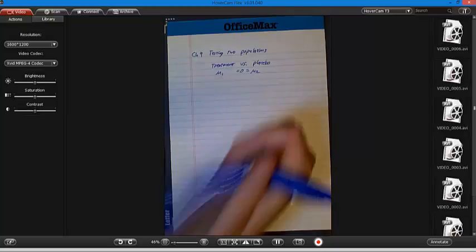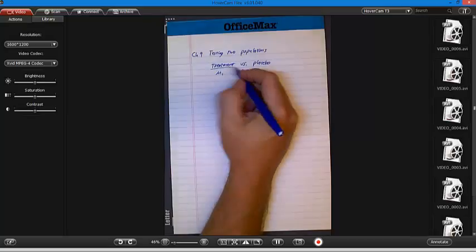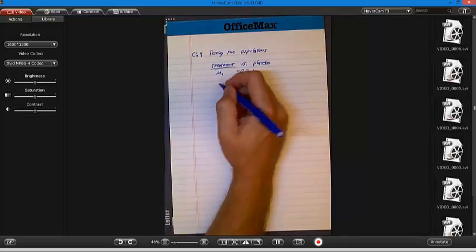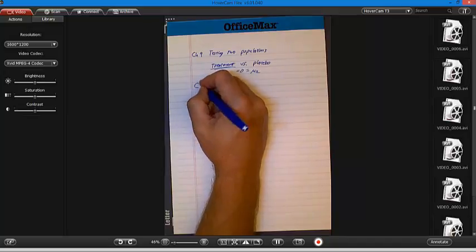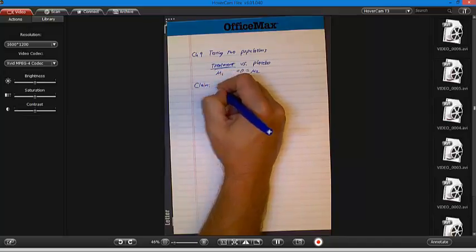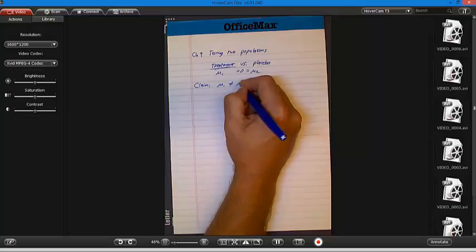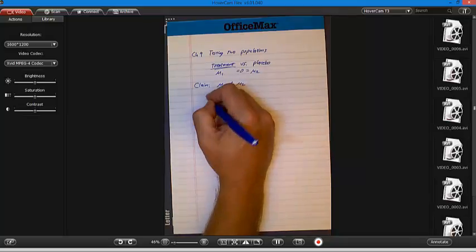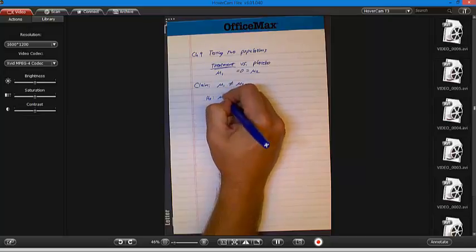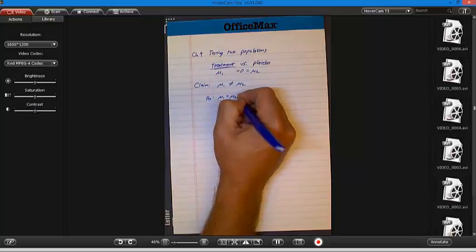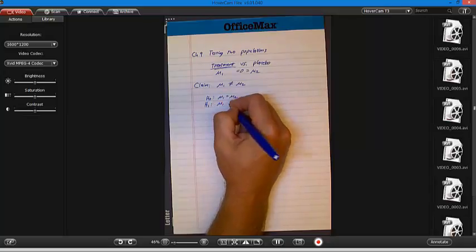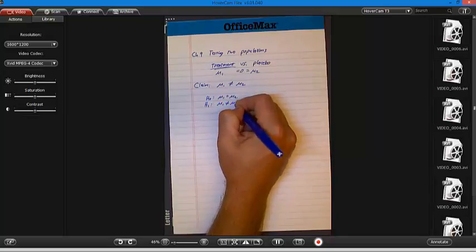Okay? But a lot of times, if you're testing a treatment, you think, oh, this helps bone density. And so maybe my claim might be that mean 1 does not equal mean 2, right? So my null hypothesis would be mean 1 equals mean 2, and the alternative hypothesis would be that mean 1 does not equal mean 2.